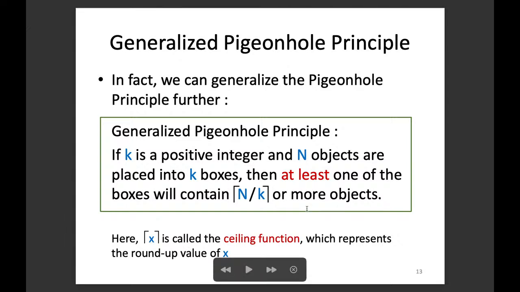So for instance, if x is equal to 4, the ceiling of 4 is still 4 because 4 is an integer already. If you round it up, it is still 4. For 4.1, after rounding up, it will become 5. For 0.1, after rounding up, it will become 1.